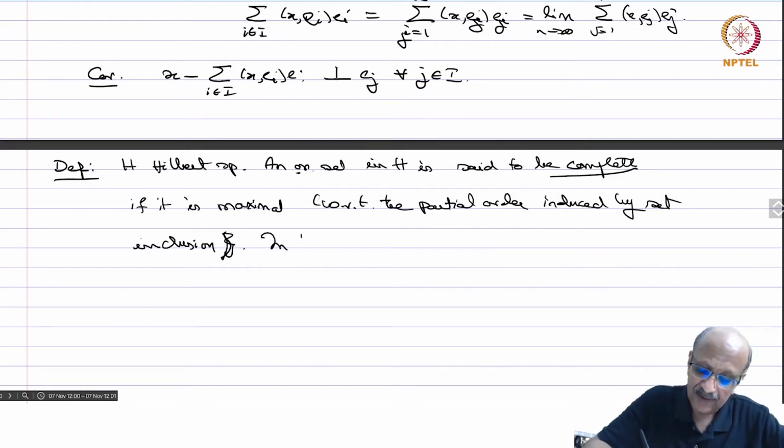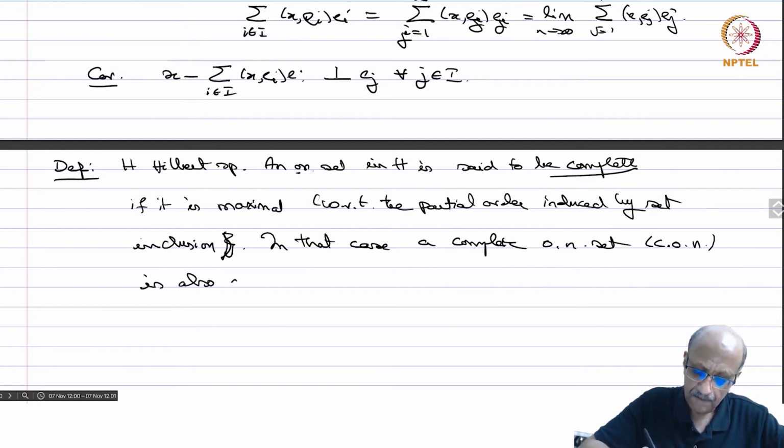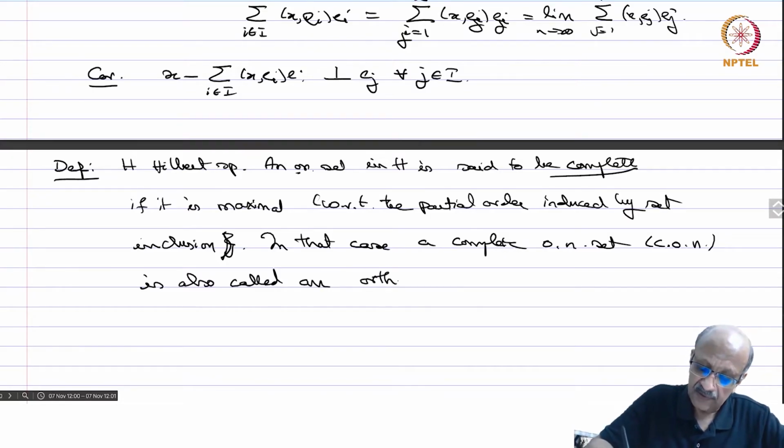In that case, a complete orthonormal set, sometimes we write CON, is also called an orthonormal basis.